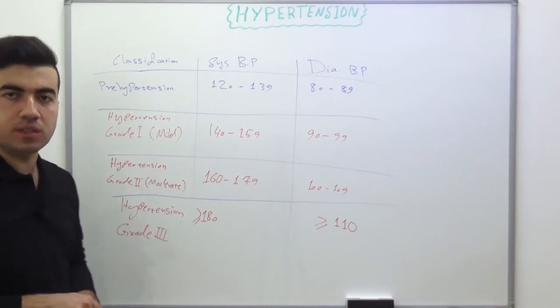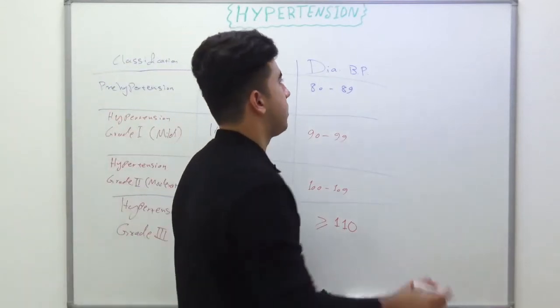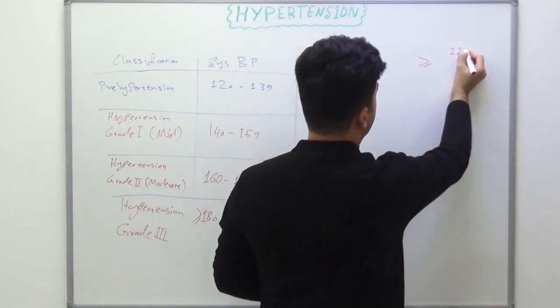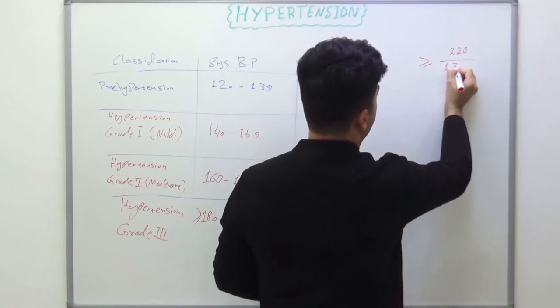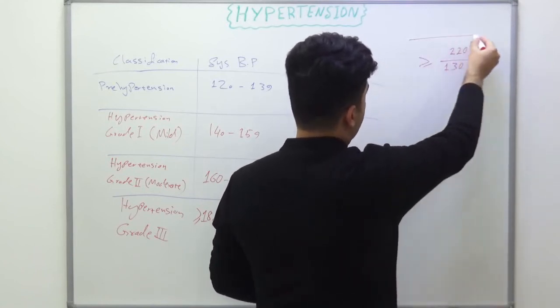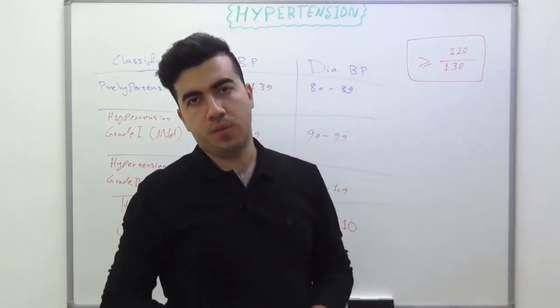And some patients may have very severe hypertension. For example, when the systolic is more than 220 over a diastolic value of about 130, this patient is generally called a hypertensive emergency.